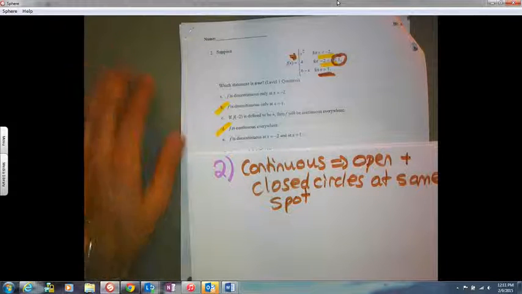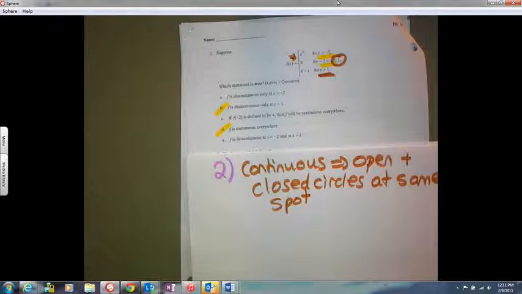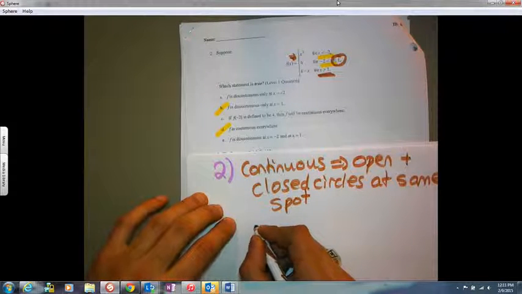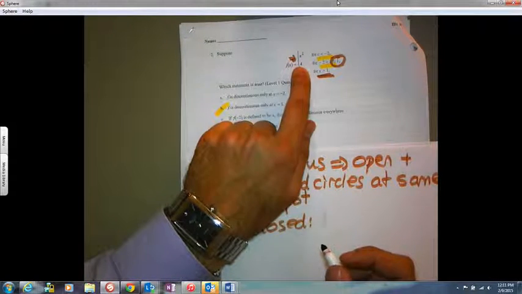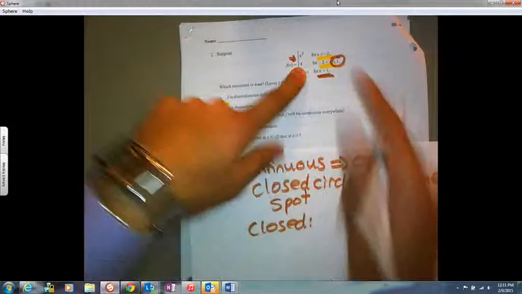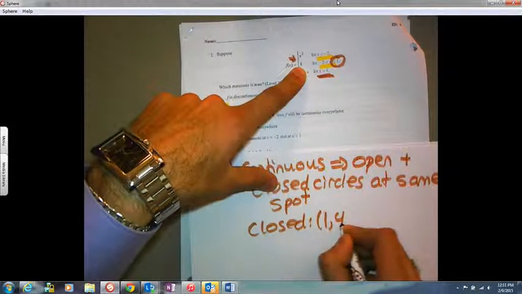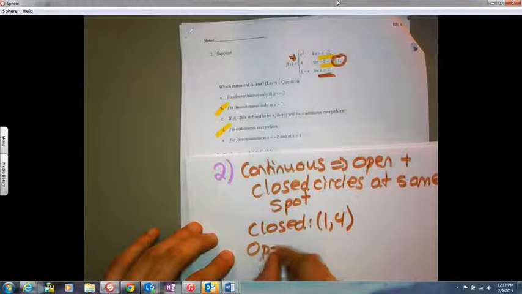Well, if we know for continuous functions that the open and closed circles need to be at the same spot, let's see where the open and closed circles are. So we have a closed circle right here on this piece, because this is equal to 1. So when I plug in 1, I'm going to get 4. So we have a closed circle at (1, 4), and we have an open circle.